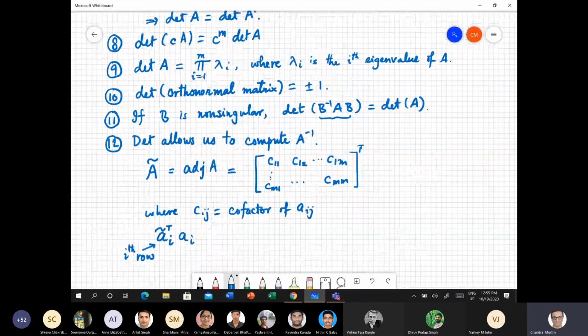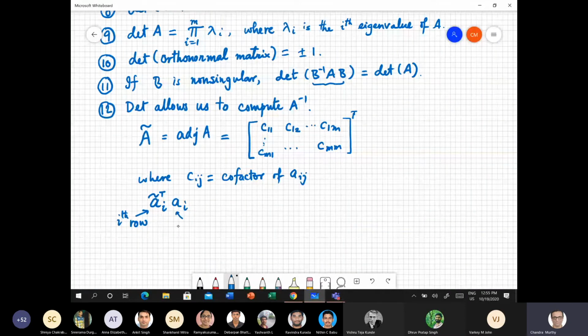So if I do this with A i, the ith column of A, then this will be equal to the determinant of A. And it's true for i equal to 1, 2 up to m.